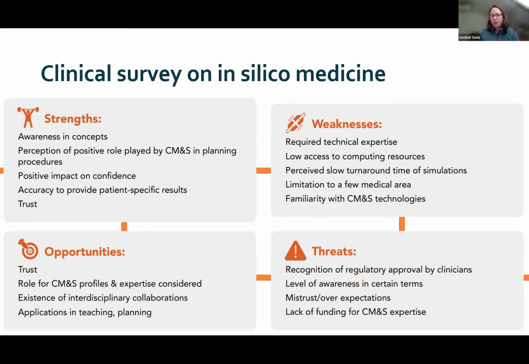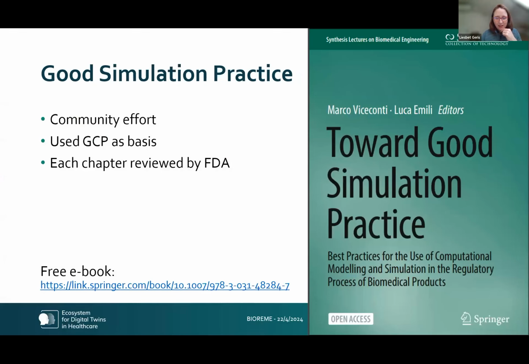But it's also a weakness because they don't know how technologies work, what is really necessary in order to do this, and a threat because maybe putting your trust in a tool like that might be problematic, or there might be over-expectations. So we are currently running the survey again to see if in the 2 years since the first survey there has been a lot of change in the attitude towards in silico modeling.